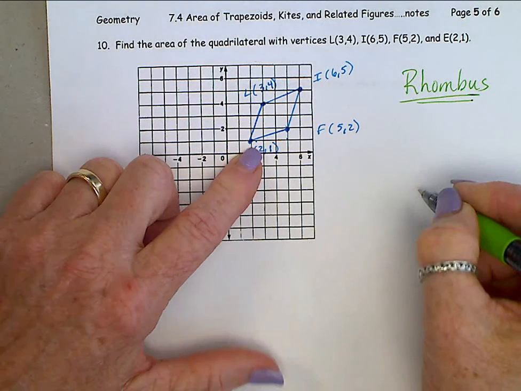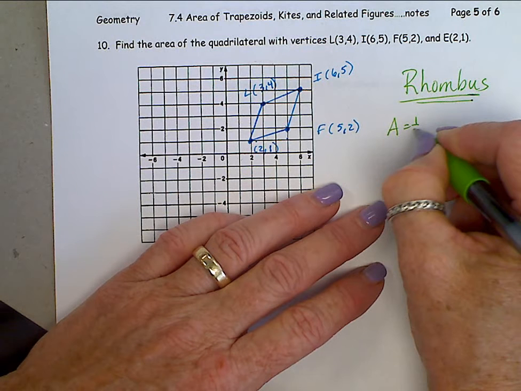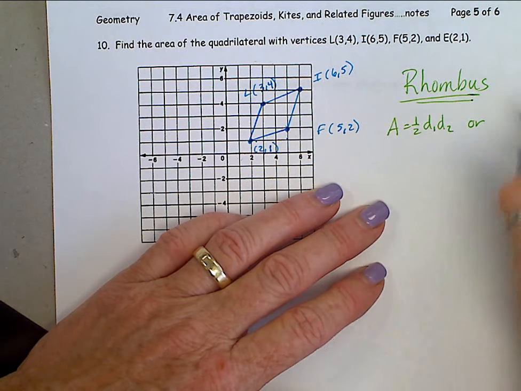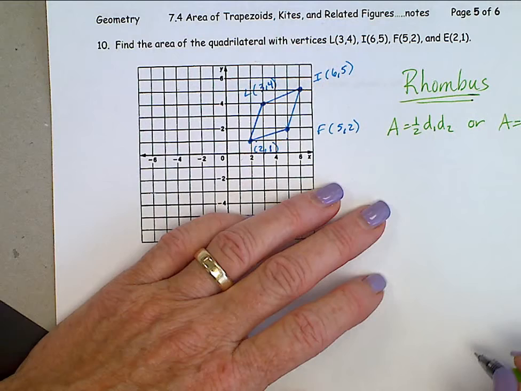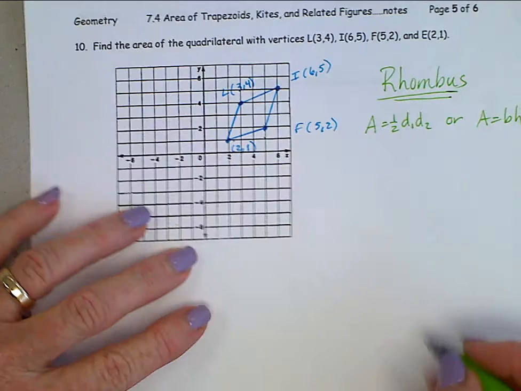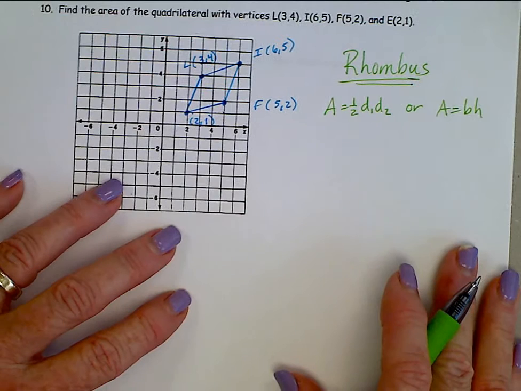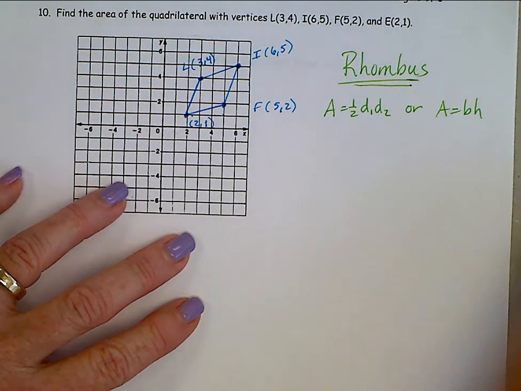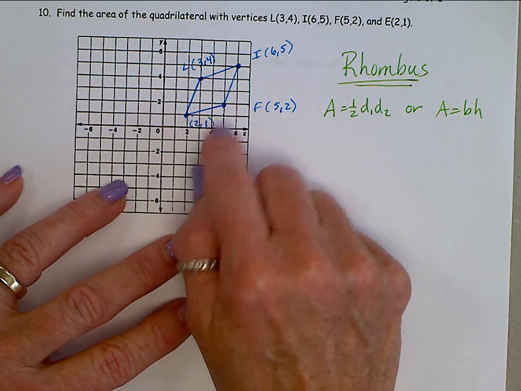And we have 2 formulas to use for a rhombus. We could use 1/2 diagonal 1 times diagonal 2, or we could use area equals base times height. Because of the arrangement of this rhombus, we don't have a base that's running either horizontally or vertically.